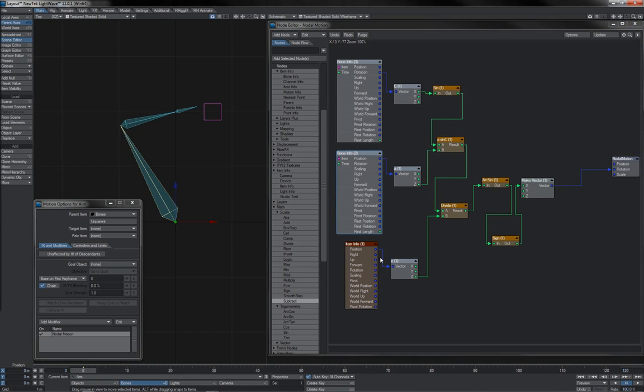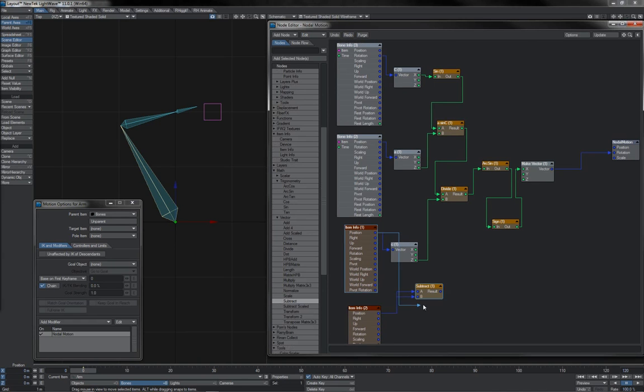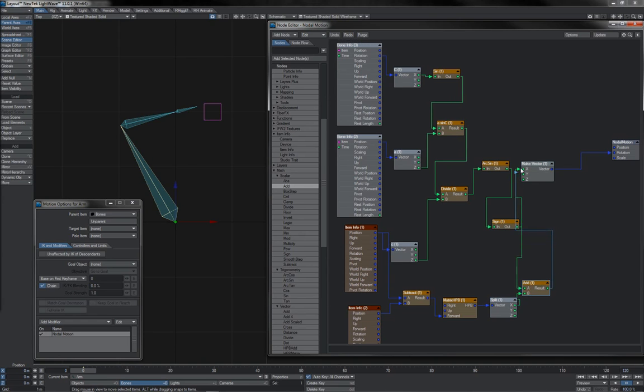I'm going to get another item info here, which is just going to be the bones null item there. I'm going to subtract the position of one from the position of the other, use that as a direction to create a rotation, get just the heading component of that rotation, and then simply get an add to add it on to the existing rotation we've already got. And there we go. Now the arm responds to the X as well.